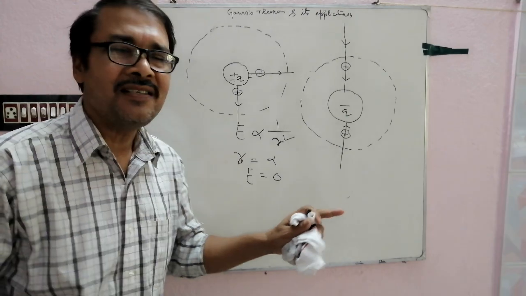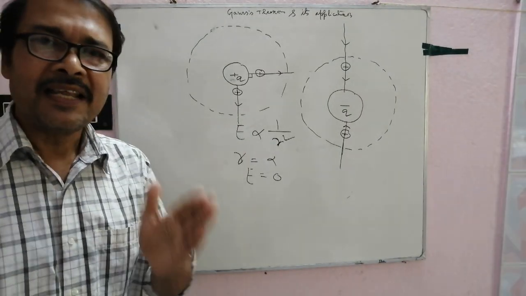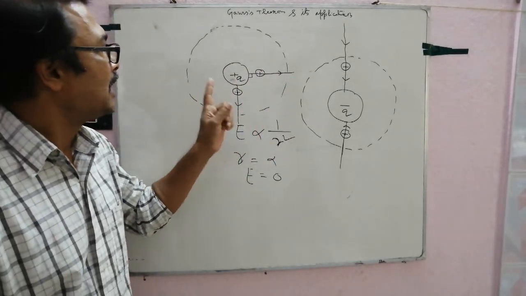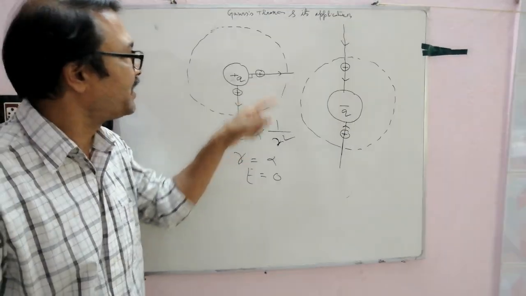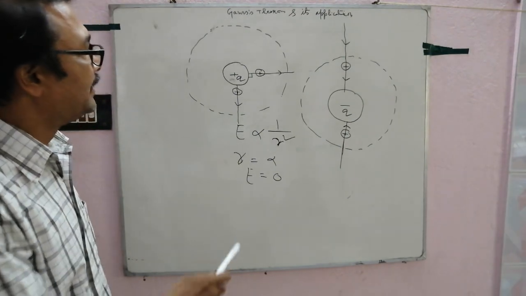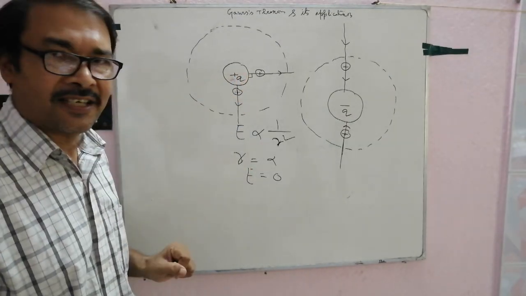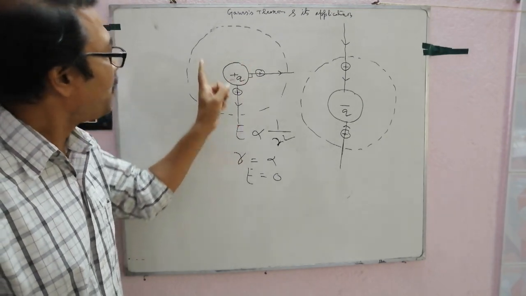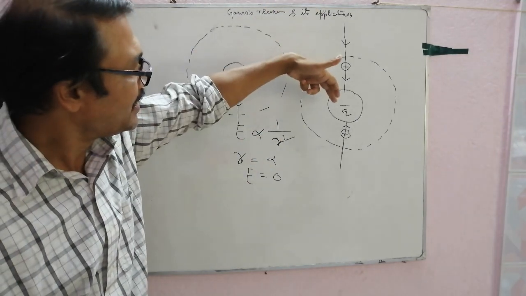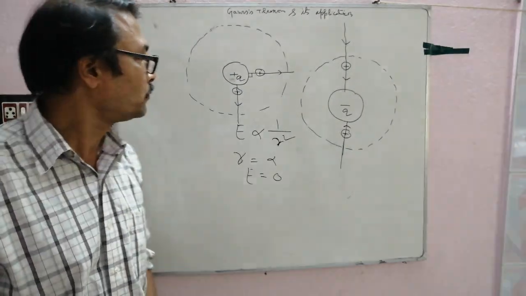So what is electric field lines? Electric field lines are those lines through which an isolated free positive test charge can move easily. Electric field lines originate from a positive charge, making an angle 90 degree, and terminate in a negative charge, making an angle 90 degree also.